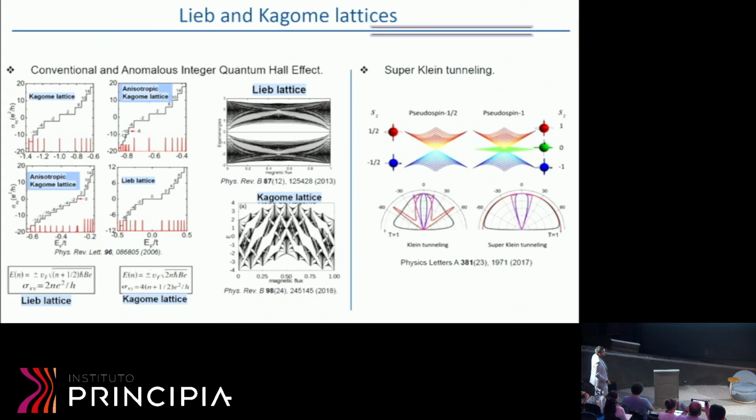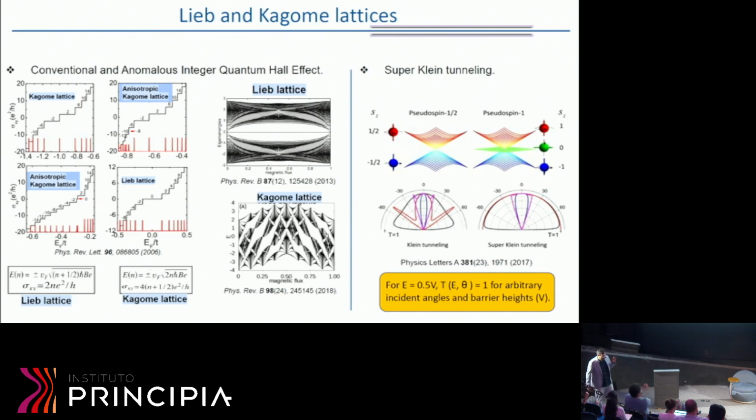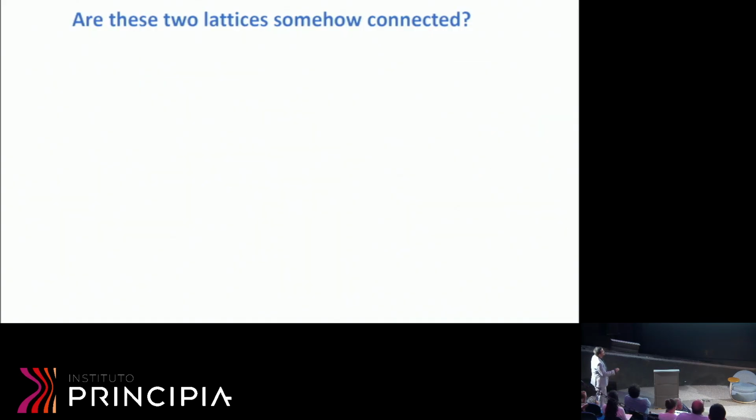When you compare with pseudo-spin half, like graphene, which has the Klein tunnel effect, now you have a super Klein tunnel, which corresponds to the case when the incident electron has energy that is half of the barrier height. You see the barrier as transparent.